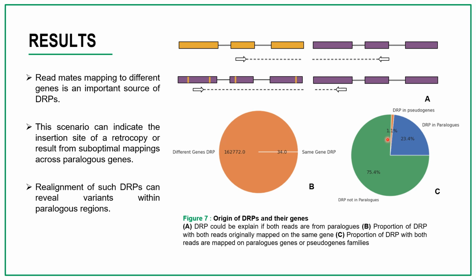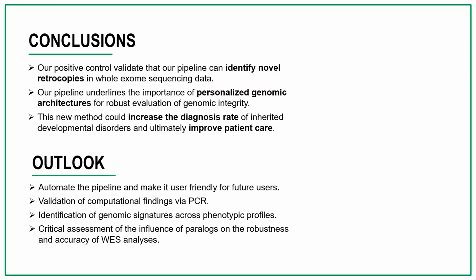So we need to look at those DRPs that don't come from paralogs and see if we can find more structural alteration evidence. To conclude, our pipeline can definitely find some new structural alterations, as we saw with the TDG gene.